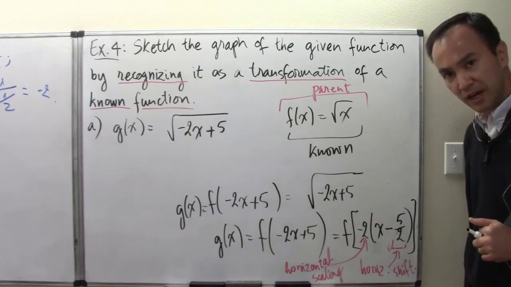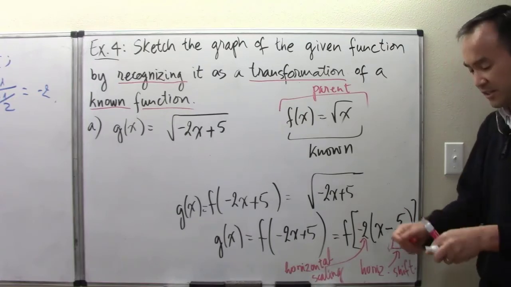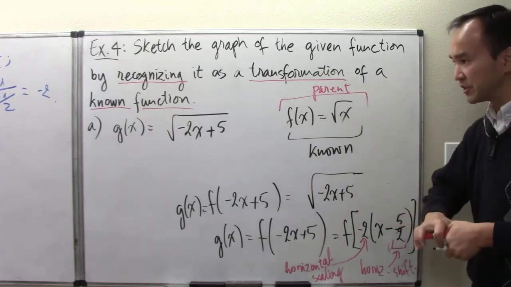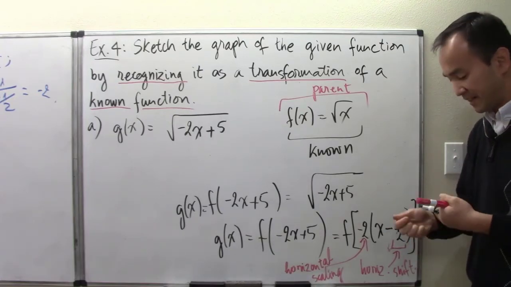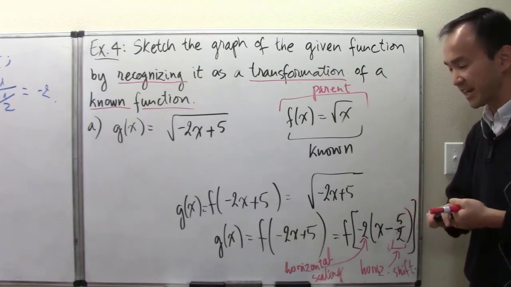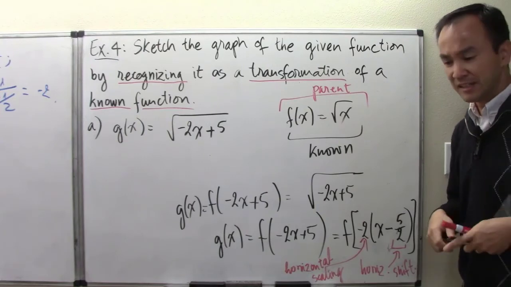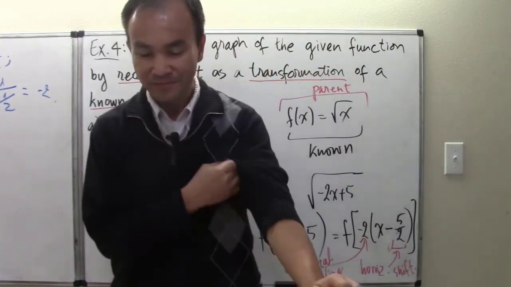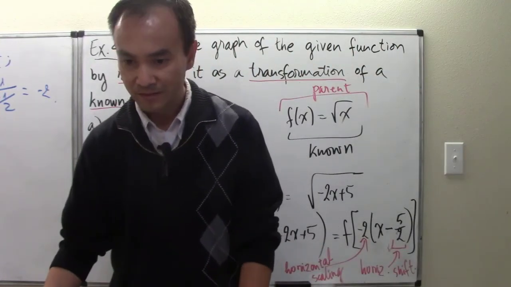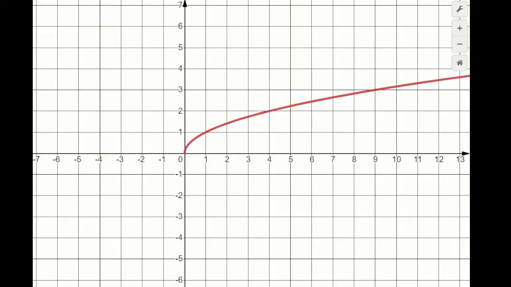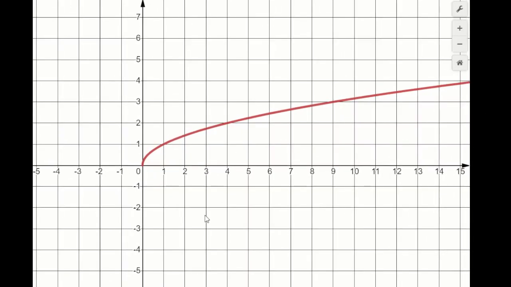Okay, so now we are ready. The last thing before I move to the other board, let's look at the graph of this known function. On my graphing space right here, this is the graph of the famous known square root function.